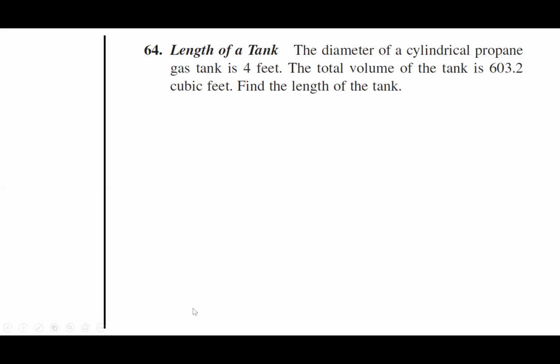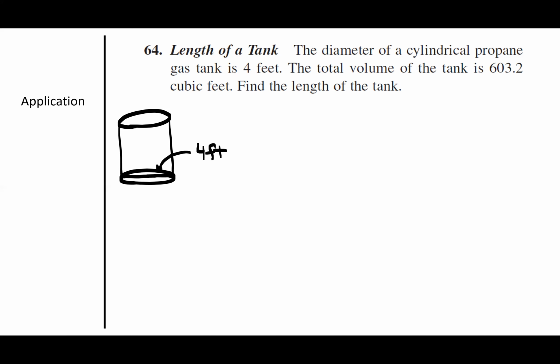I'm thinking, drawing it out first. If you can draw a diagram of what you need, that's even better. This one says the diameter is 4 feet, so this guy's reaching all the way across. And we already gave the formula. V is pi r squared h. All yours for that one. I'll give you a head start, like 30 seconds. Plug in what you know, and can you solve for the variable that you don't know?